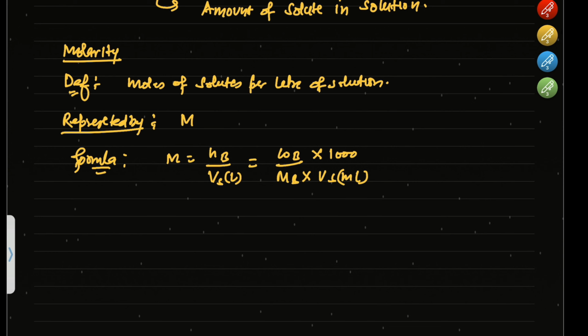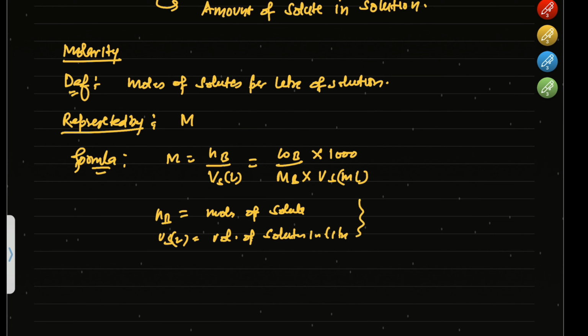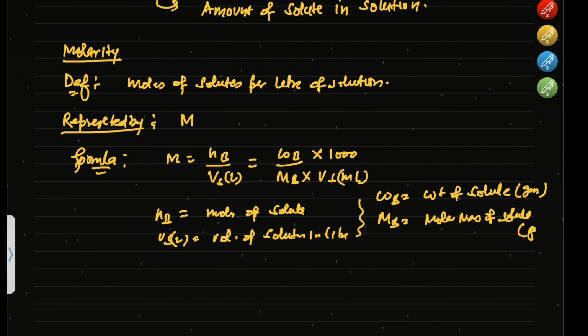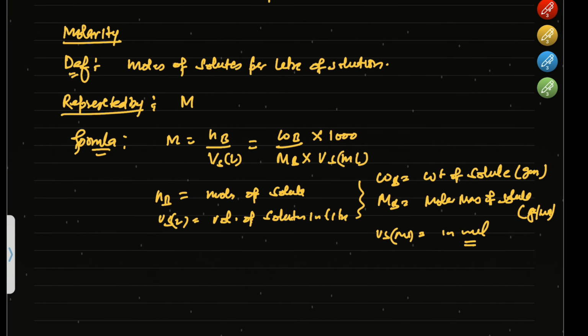Here nb is the moles of solute, V is the volume of solution in liter, Wb is the weight of solute in gram, Mb is the molar mass of solute in gram per mole, or volume of solution in ml.